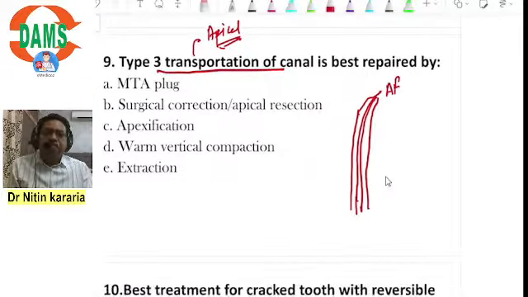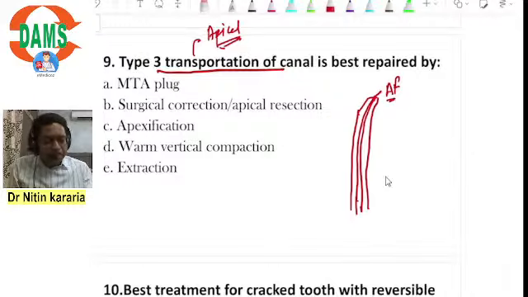Especially in the cases of curved roots, if we are not following the root canal curvature, we are using a straight file in a curved root canal, we are using a stiffer file in a curved root canal which is not bent according to the canal curvature, then we are likely to straighten the root canal and transport the apical foramen.